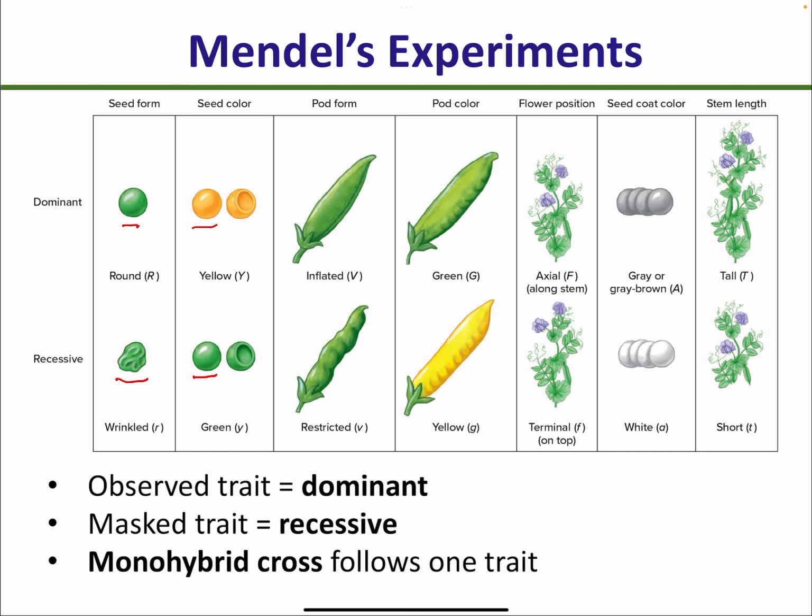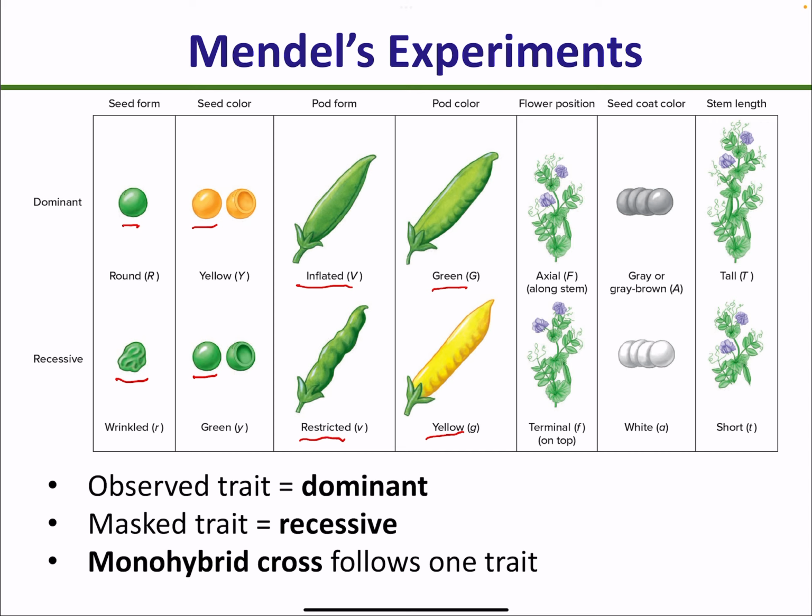He looked at the way the pods were shaped. Some were inflated, some were restricted. Also, he looked at the color of the pods. Some were green, some were yellow. He considered the position of the flowers on the stem.